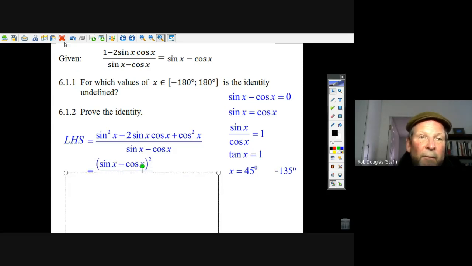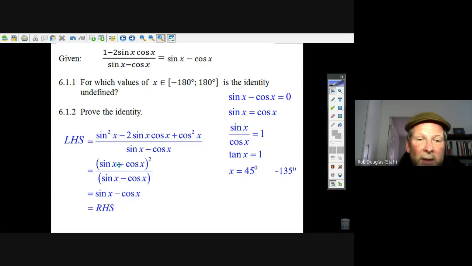If you do FOIL really carefully on sine x minus cos x times sine x minus cos x, you'll get all this stuff in the top. So it's really true. Now, anything squared divided by that factor, one of them cancels, and you get your answer, which is the right-hand side, sine x minus cos x.